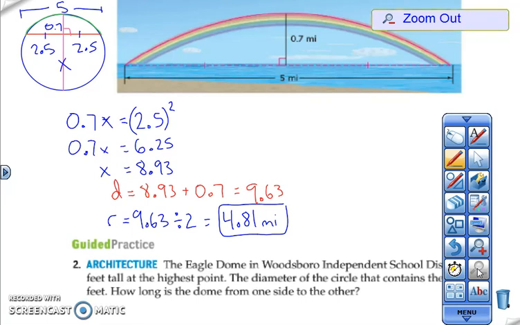Therefore, the radius of the circle must be about 4.81 miles.